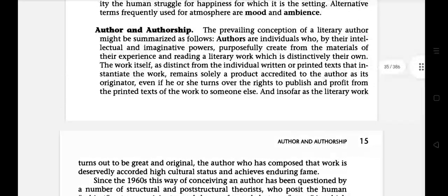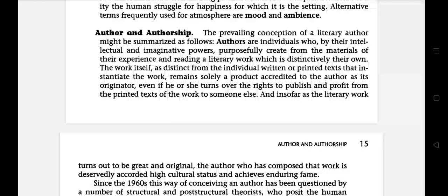Our next literary term is author and authorship. The prevailing conception of a literary author might be summarized as follows. Authors are individuals who, by their intellectual and imaginative power, purposefully create, from the material of their experience and reading, a literary work which is distinctly their own.